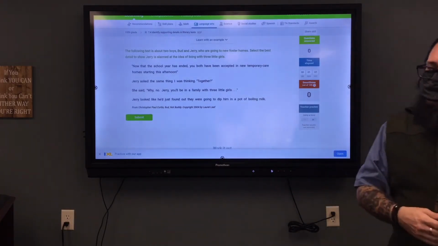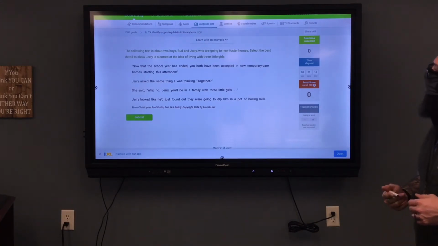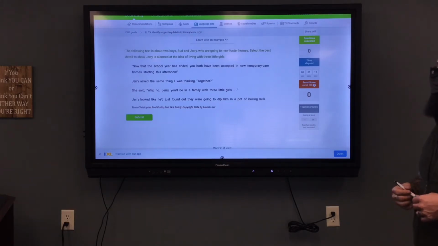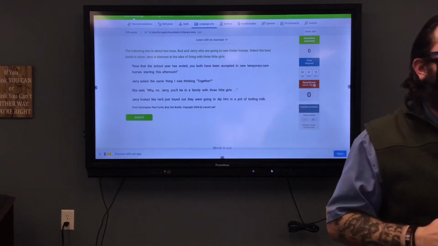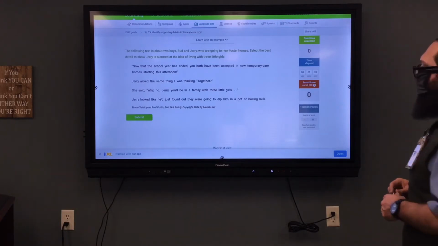So the inference that has been stated is that Jerry is alarmed at the idea of living with 3 little girls. Which quote from this text supports that claim? The last one. Okay, what does the last one say?